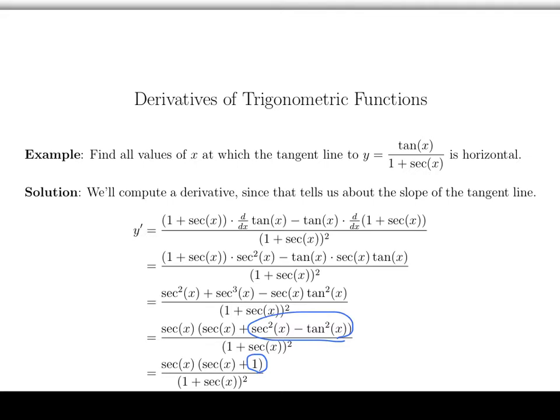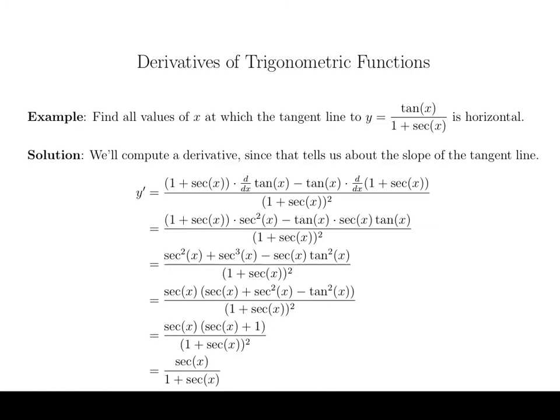I'll show you in a moment how you know that, and maybe even more important, how you should remember something like that. But for now, let's keep going with this derivative calculation. We're simplifying the quantity here, and we can cancel out one of the 1 plus secant x factors. If we do that, we end up with secant x over 1 plus secant x quantity.